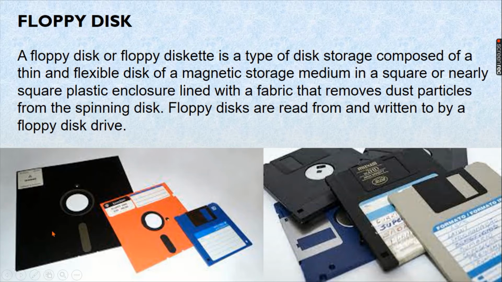As we can see, there is a thin plastic disc covered with a jacket of plastic, so dust cannot enter the disc. If there is dust, the data could be removed from the floppy disk.